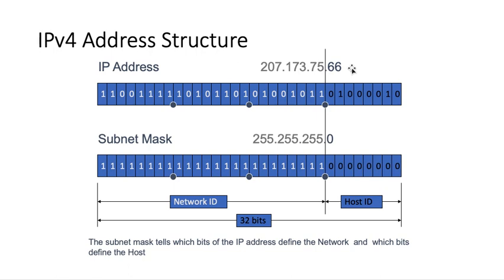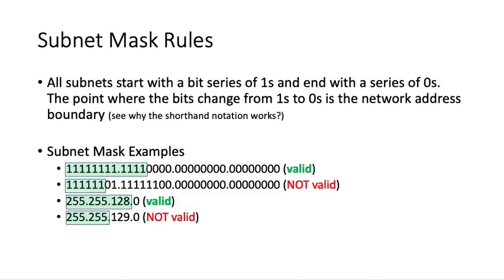It's not assignable to hosts. On the upper end, we get 255 if this were all ones, and that's the broadcast address, which is also not assignable. Everything between 0 and 255 would be assignable to create IP addresses, and we know all this because of the subnet mask. Hopefully this will become more clear as we go further along.